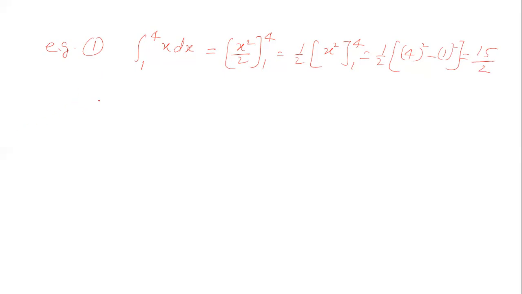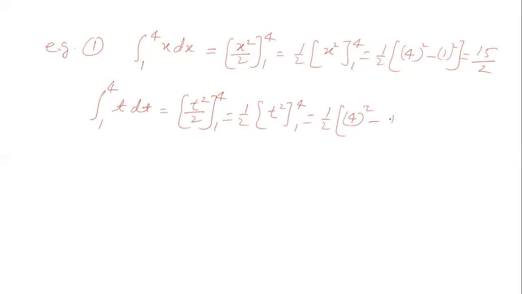Now let's take integral from 1 to 4 of t dt. Its integration would be t square upon 2, 4 to 1, that is half t square, limit 4 to 1, 1 upon 2 into (4 square minus 1 square), that is 15 upon 2.